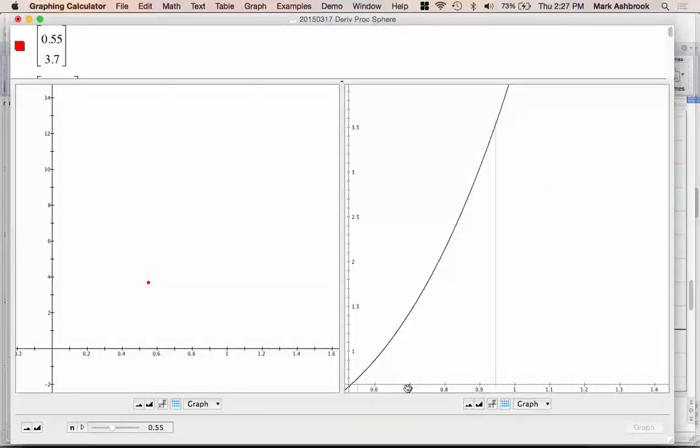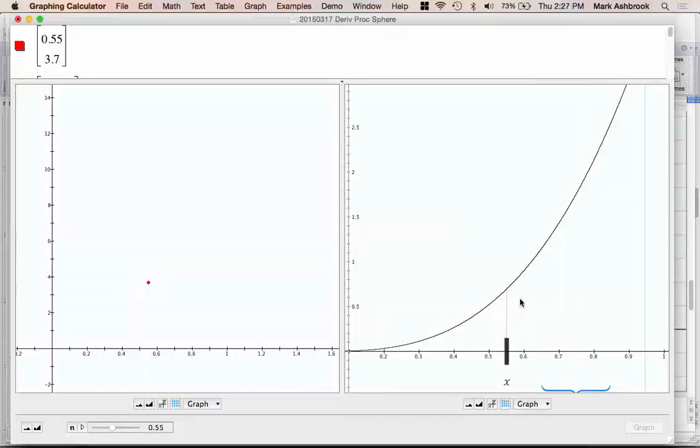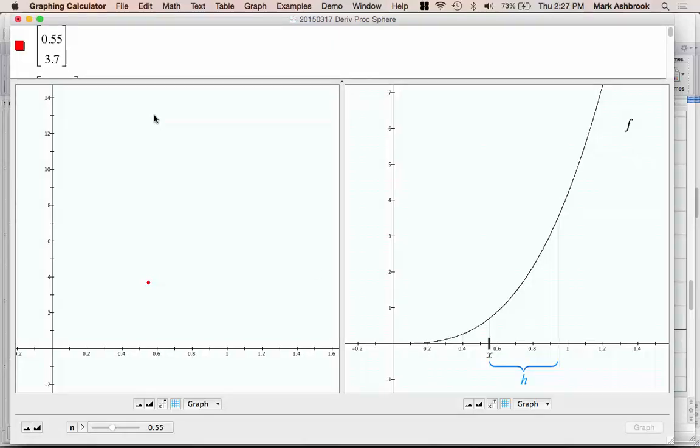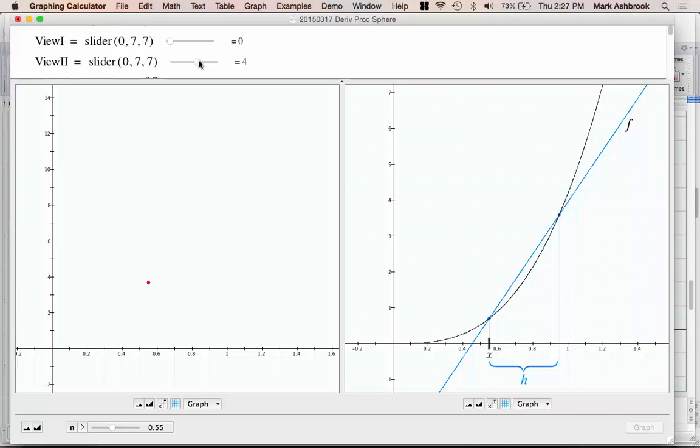Now what I want you to do is find that rate according to the secant line. x is 0.55. Everyone should be able to do this. Confident? I want you to find the rate that the secant line is indicating. What is the rate of change that the secant line is indicating? Go. All you need to know is this is 0.55.